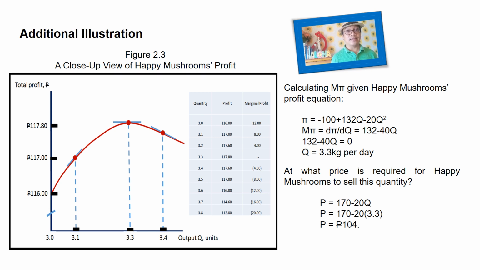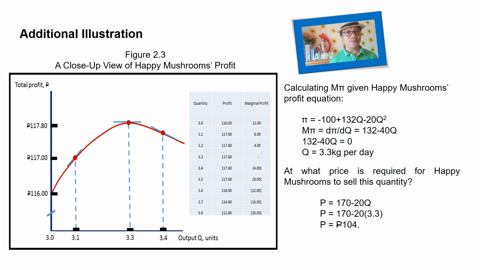Marginal profit is negative. So, a small reduction in output would increase total profit. Third conclusion. At 3.3 kilograms, the tangent is horizontal. That is, the tangent slope and marginal profit are 0. Maximum profit is attained precisely at this level of output.